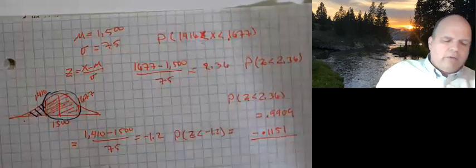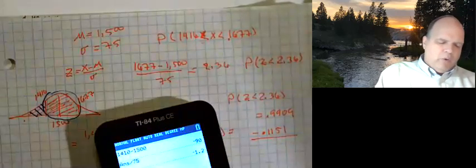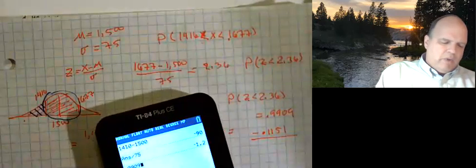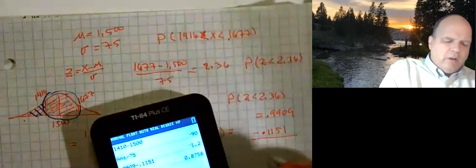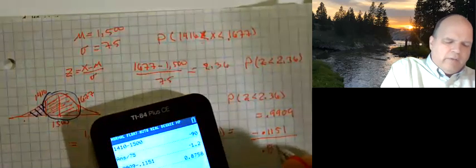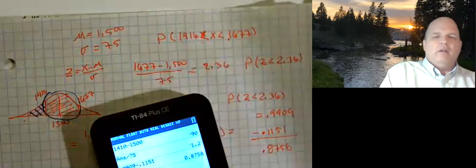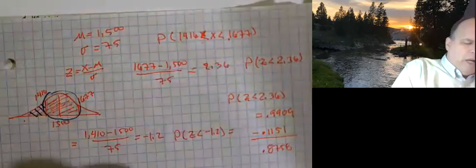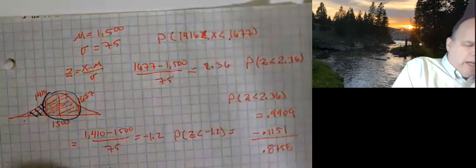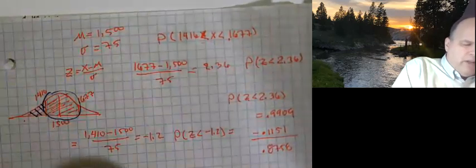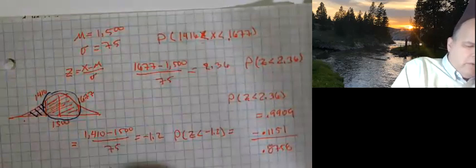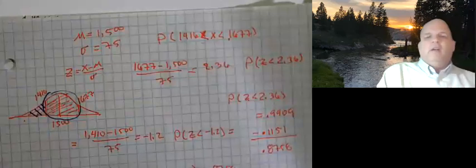I subtract those. I get 0.9909 minus 0.1151. And I end up getting 0.8758. So the probability that we would have a light bulb last between 1416 and 1677 equals 0.8758.